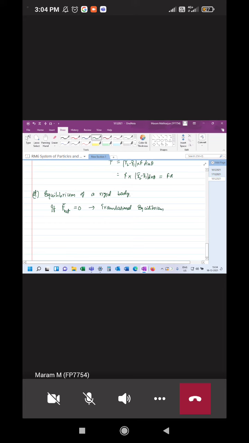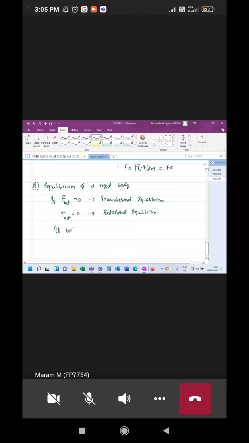What is the meaning of this F net equal to 0? If it is three-dimensional, then F net along the x-axis is 0, along the y-axis is also 0, and along the z-axis is also 0. Then if net torque is 0 under the action of multiple forces, we call it rotational equilibrium.